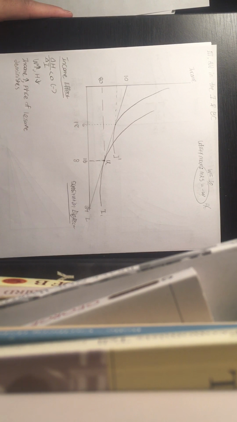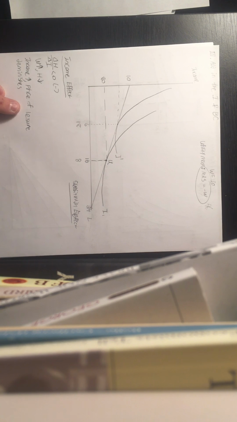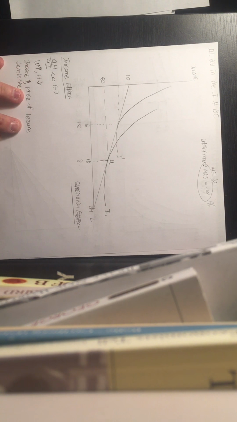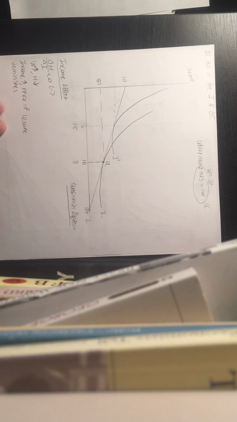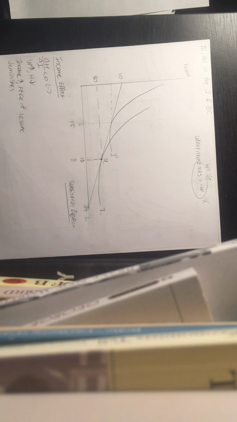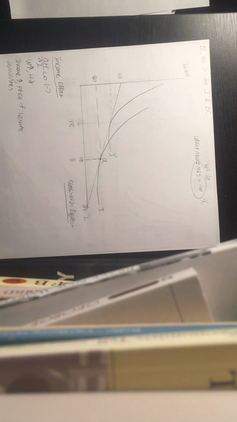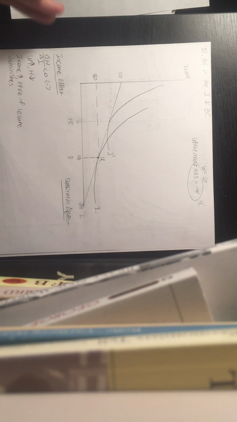We also assume that leisure is a normal good, and that essentially means that as the price of it decreases, we consume more of it. Because your income goes up, you really don't lose that much by consuming one more unit of leisure. So the price of it diminishes, so naturally you consume more of it because it's a normal good. So that's kind of the intuition behind that.